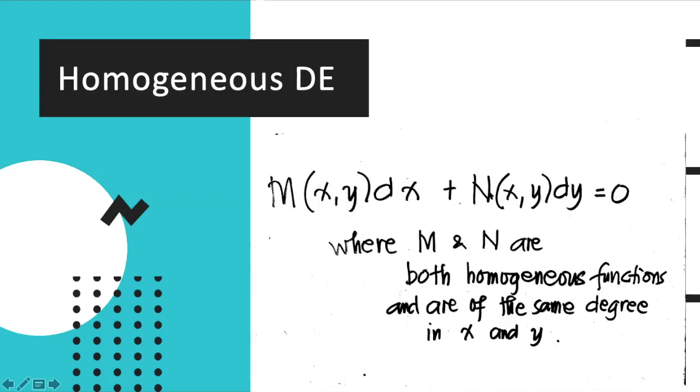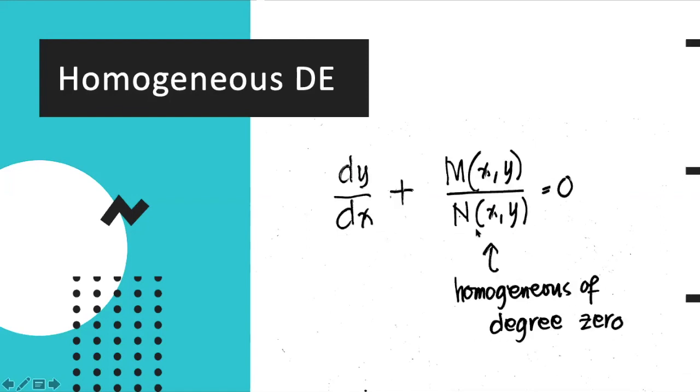By just looking at the equation, you can say that it is homogeneous when M and N are homogeneous functions and of the same degree. Take note, if they are of the same degree, automatically the degree of the ratio is 0. Okay, clear? Now let's move on to how we solve this homogeneous differential equation.